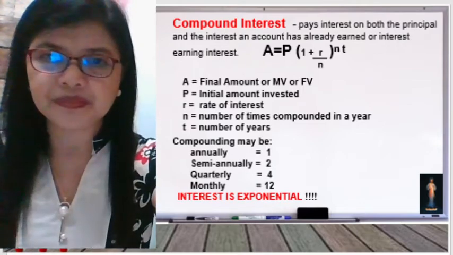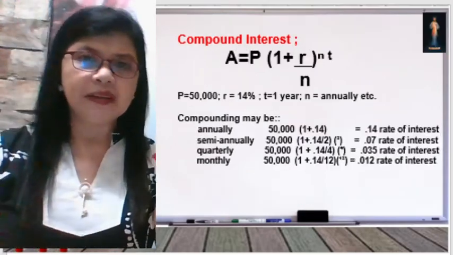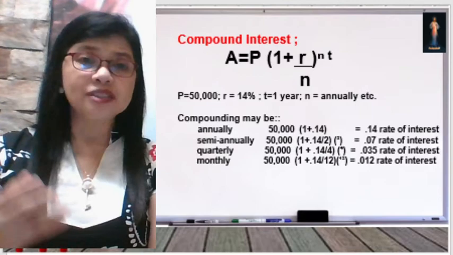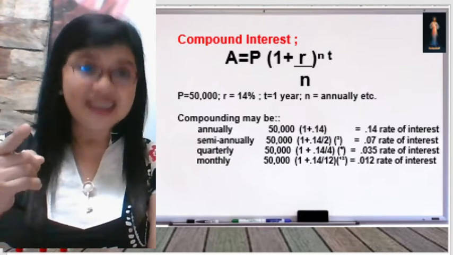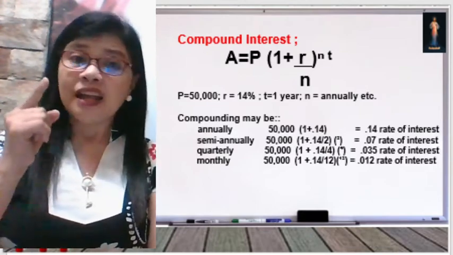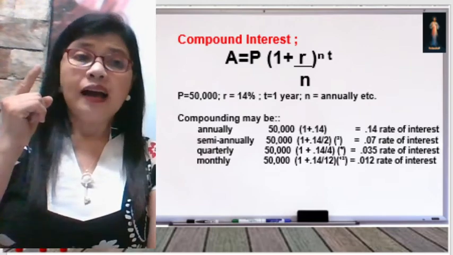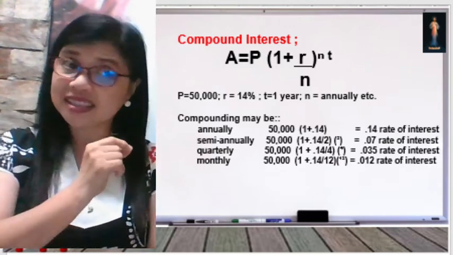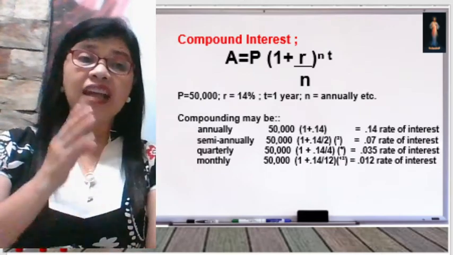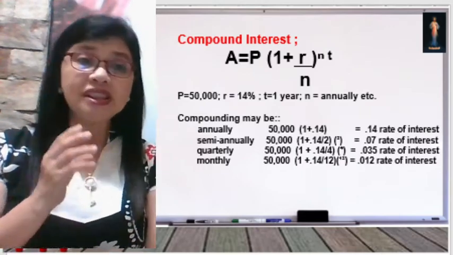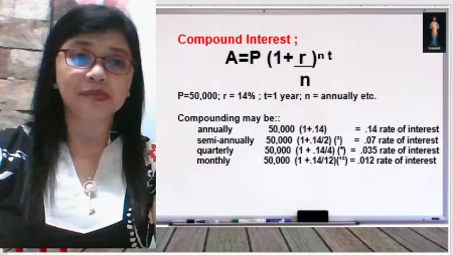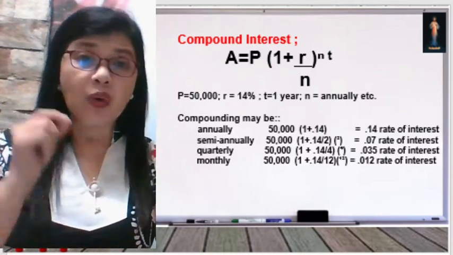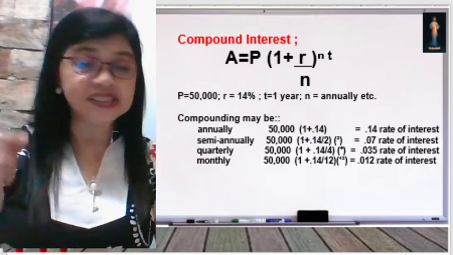So again, the formula A is equal to P. What is again P? Yes, correct. P is the initial amount invested. A is the what? Correct. It is the amount or the maturity value of the investment or the future value. Multiply it by 1 plus the R. R is the what?